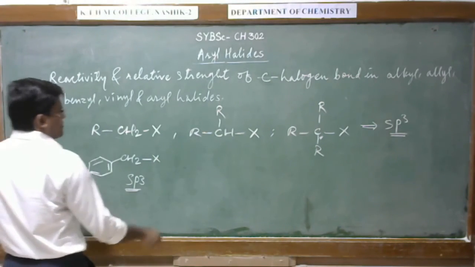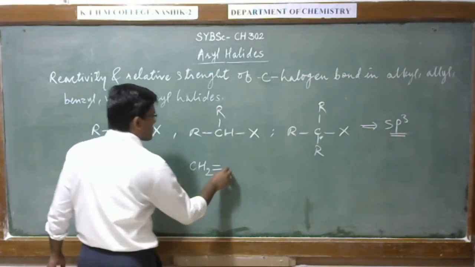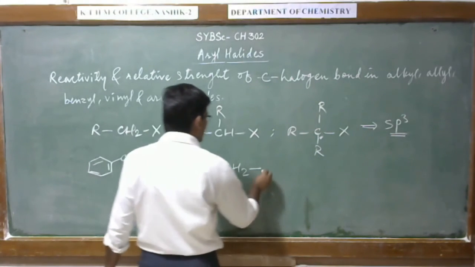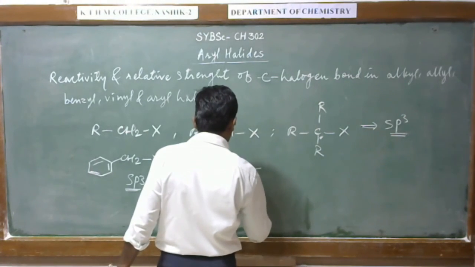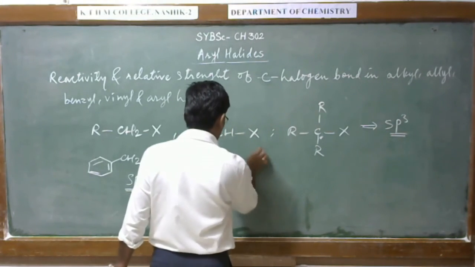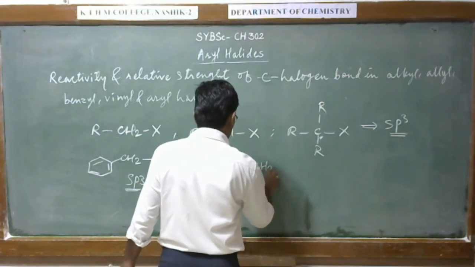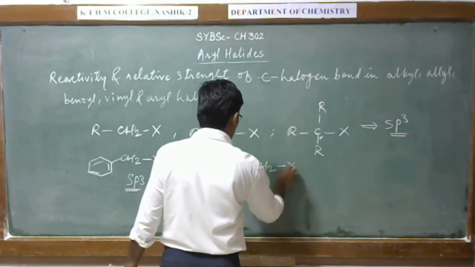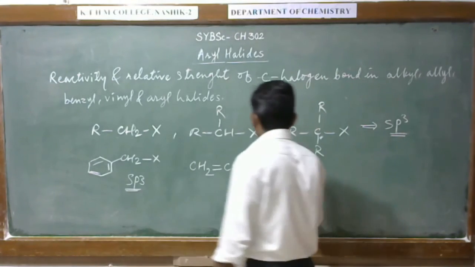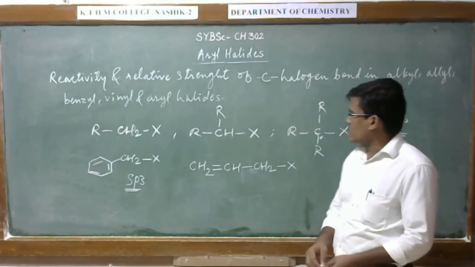And then we have this allyl halide. Here also this halogen is attached to the sp3 carbon atom.